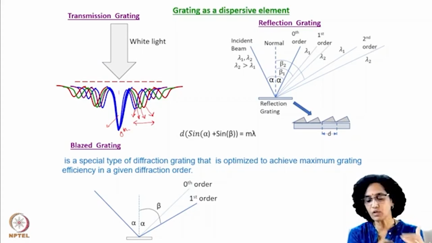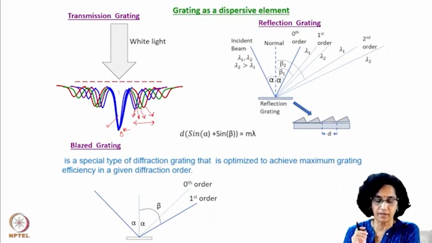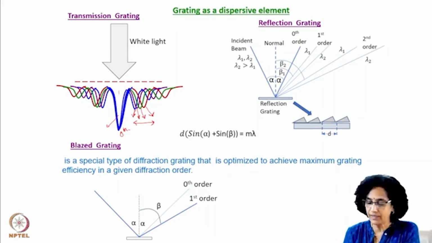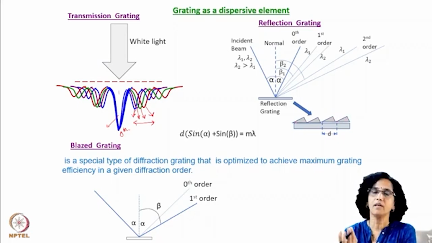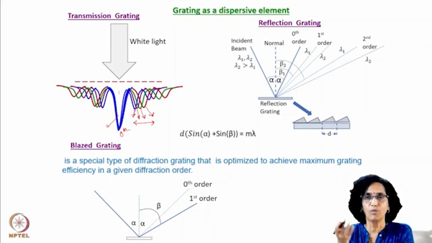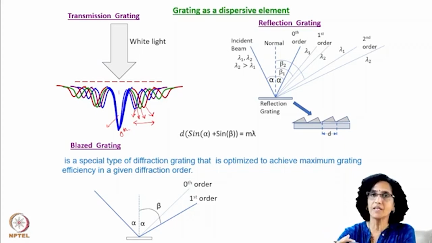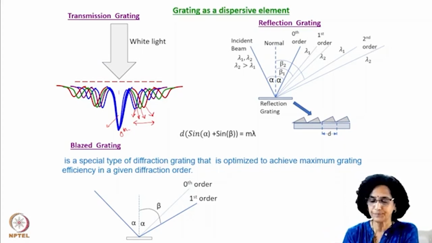The same thing can also be obtained in a reflection grating, where we take a substrate on which grooves are created. As you can see here, the grooves are created, and it is coated normally by aluminum or gold or silver. And this gives rise to a reflective grating.